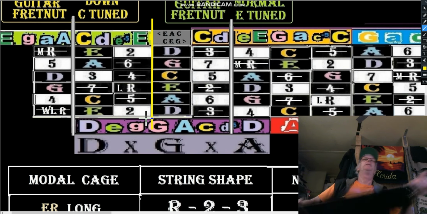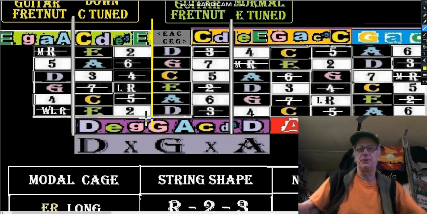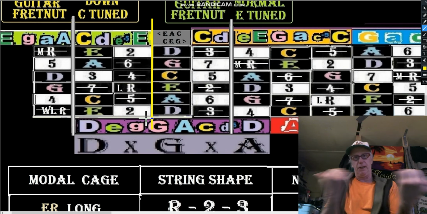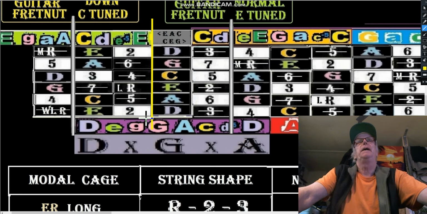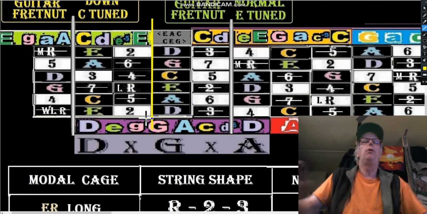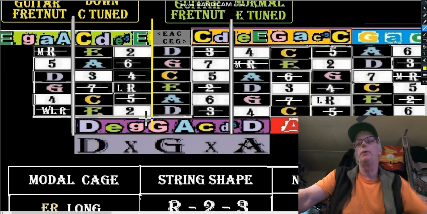Okay? But remember that the curse of the fret nut was just running out of strings, or running out of string length. It warned this modal system that I came up with.